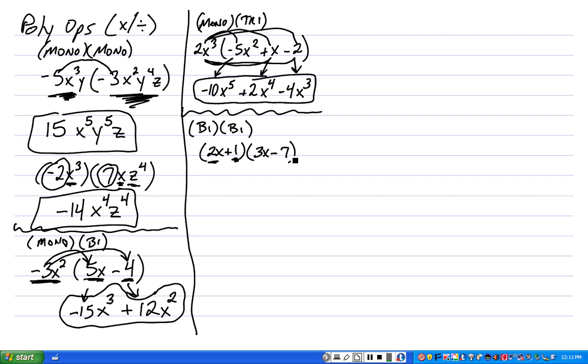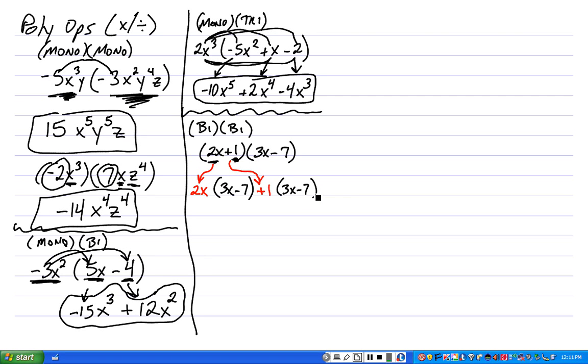So watch. We want to take this 2x and multiply it by the second polynomial, and then we want to take this plus 1 and multiply it by the second polynomial.